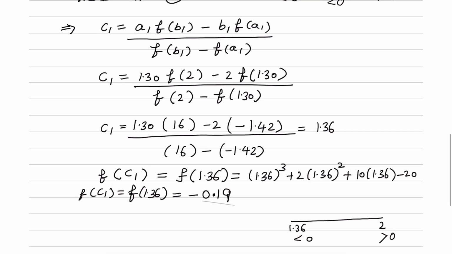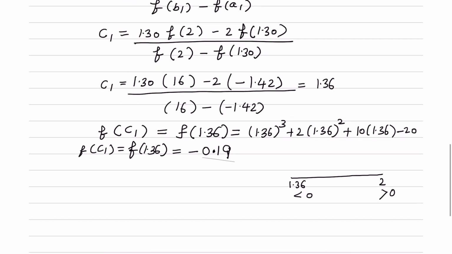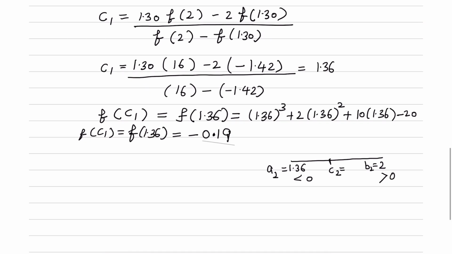And this time we are going to name it as a2, b2. And now we are going to find somewhere in between a2, b2 as c2, our next false point. So to find c2, we will put n equal to 2 in our equation 1.